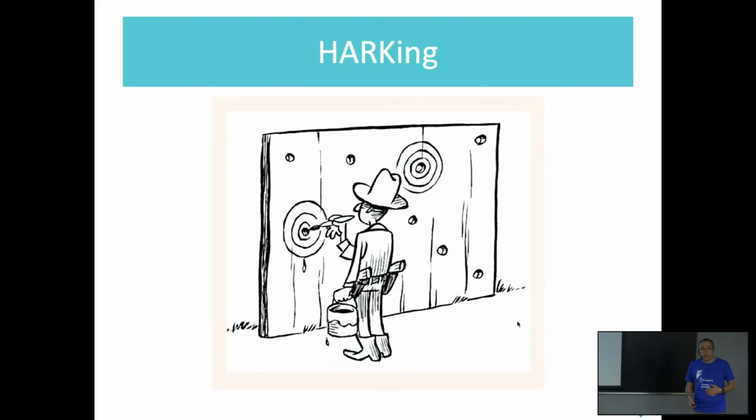This is HARKing. You shoot in the dark, and then where you see that you hit, you say, oh, that was my target. That's what I meant. It is hypothesis after research, after results are known.